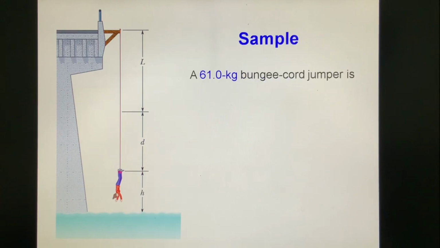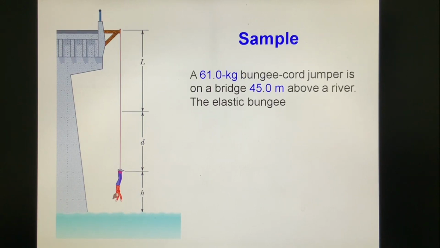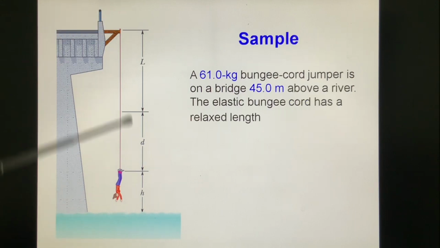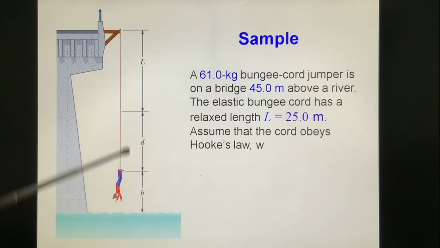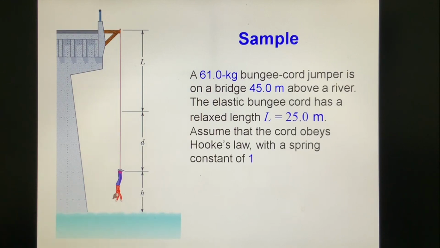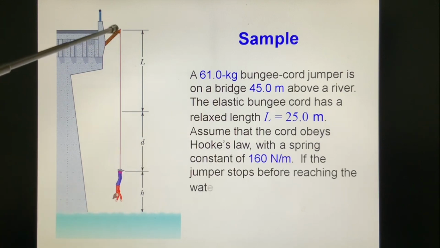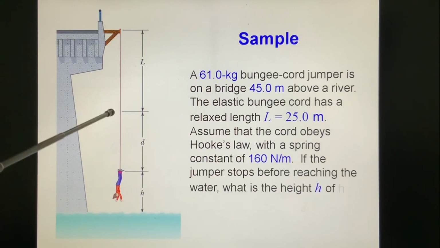Sample problem. A 61.0 kilogram bungee cord jumper is on a bridge 45.0 meters above a river. The elastic bungee cord has a relaxed length L of 25.0 meters.